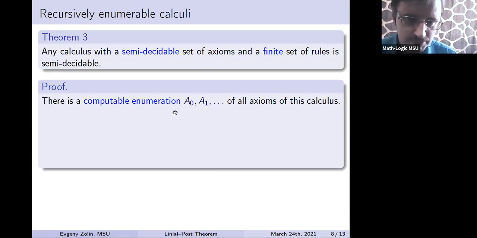So there is a computable total function from natural numbers to formulas. A0 is f of 0, A1 is f of 1. So we have a computable function from natural numbers to formulas, such that the set of formulas that it returns is exactly our semi-decidable set.